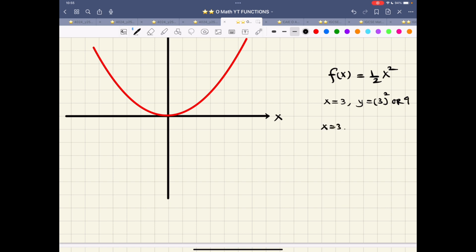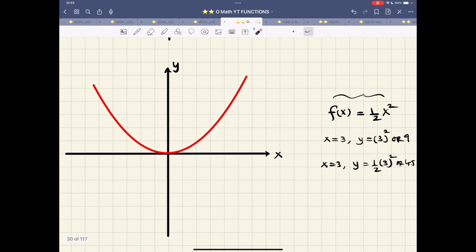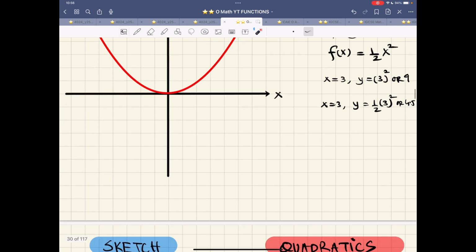If x is 3 and y is half of 3 square, just like this thing over here, what will happen? This is 4.5. That means, let's say if this is 3 and this value is 9, then half of 9 is 4.5. So instead of 9, we have 4.5. Therefore, the height decreases. So in other words, let me use a purple marker and let me write it.